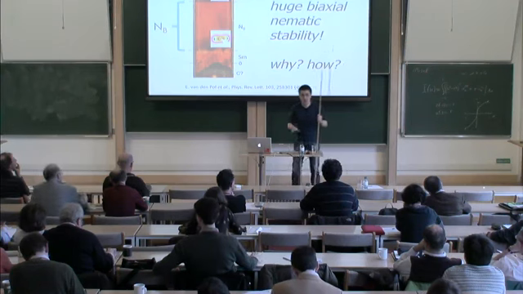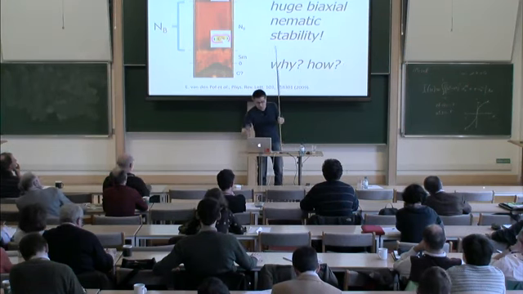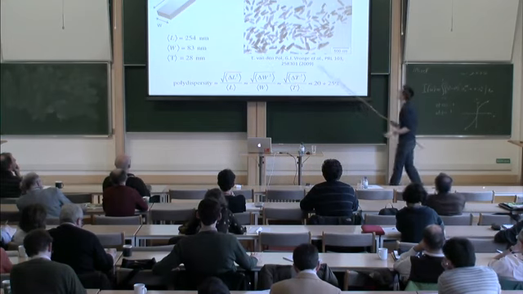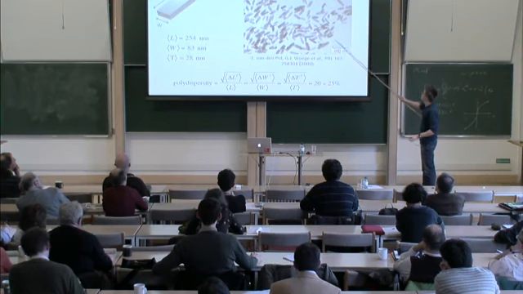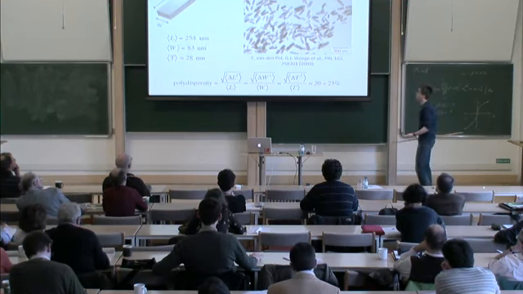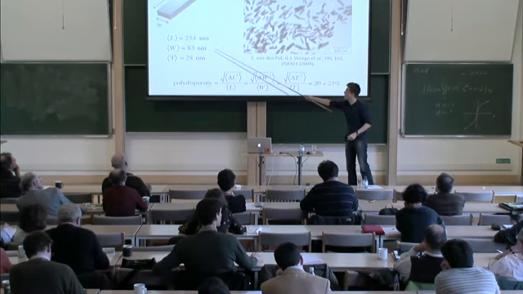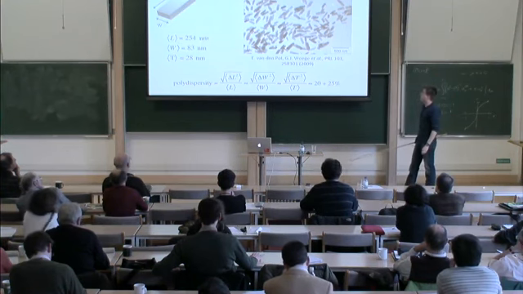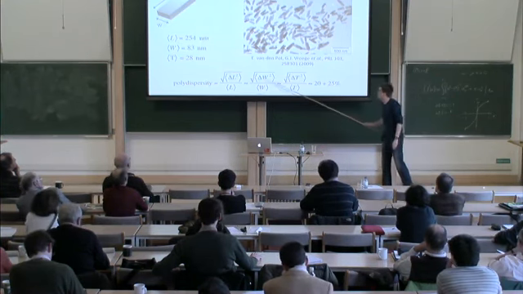Well, maybe it helps if we have a closer look at the details of the experiment. These are the board-like particles. Resolution is not great, but as you can see, dimensions of the order of 100 nanometers, so it's a colloidal system. These are the average dimensions measured in the experiment, with a certain degree of polydispersity.